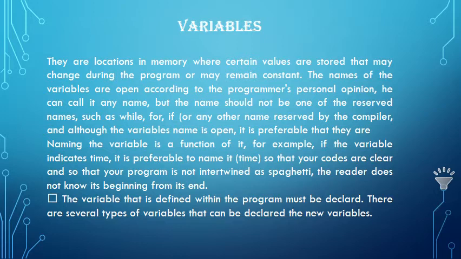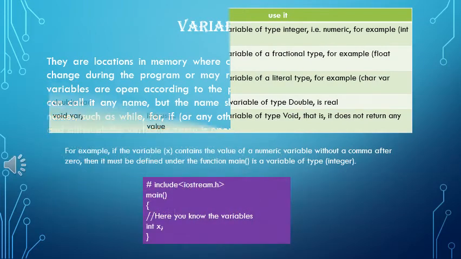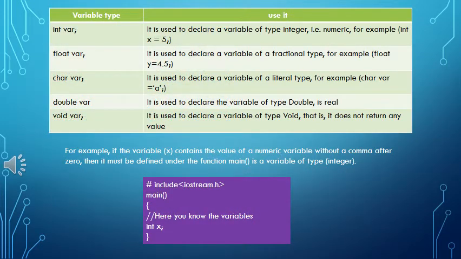The variable that is defined within the program must be declared. There are several types of variables that can be declared. Int var is used to declare a variable of type integer, i.e. numeric, for example, int x equals 5.